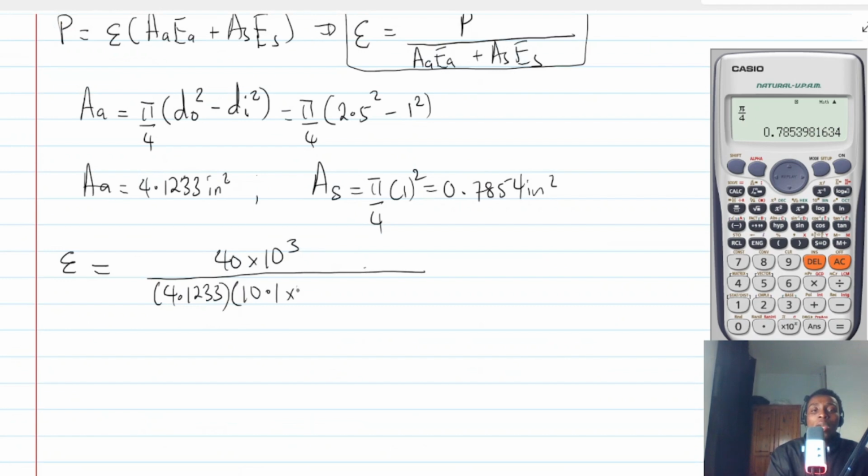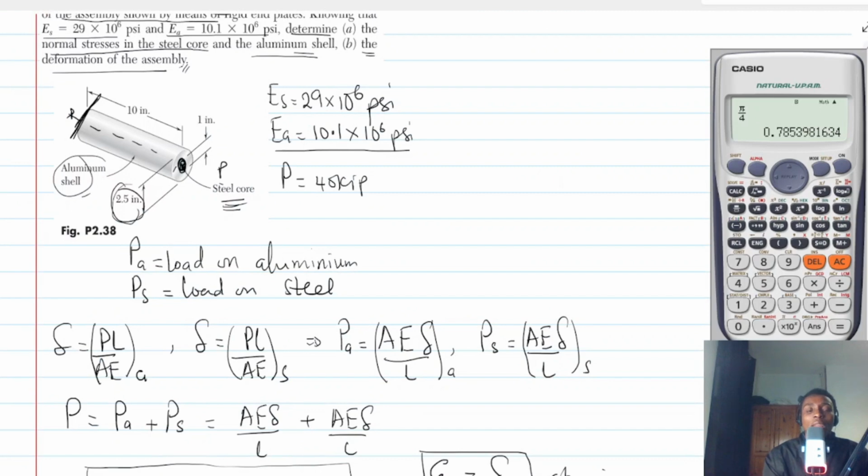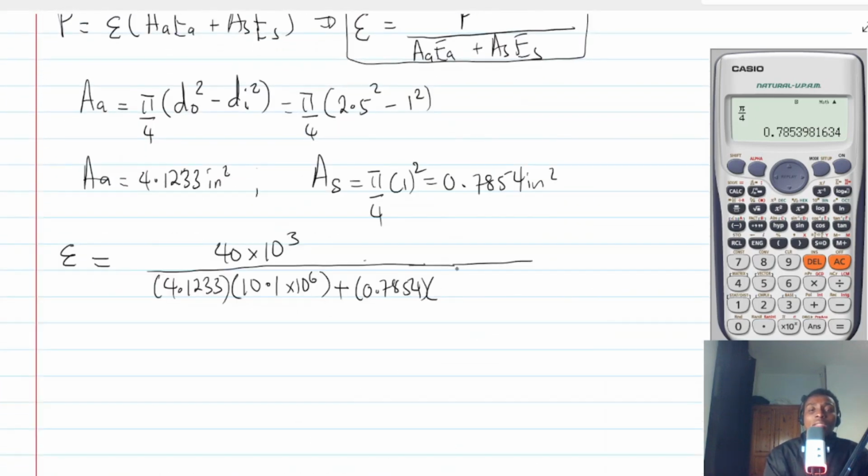Then we add the area of the steel core, 0.7854, multiplied by the Young's modulus of steel, that is 29 times 10 to the power 6. So 40 times 10 to the power 3.